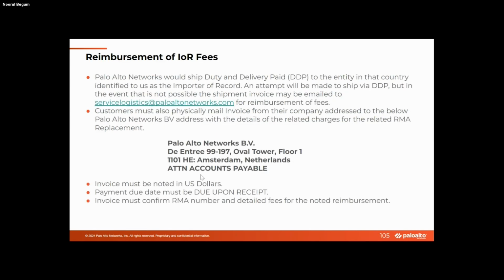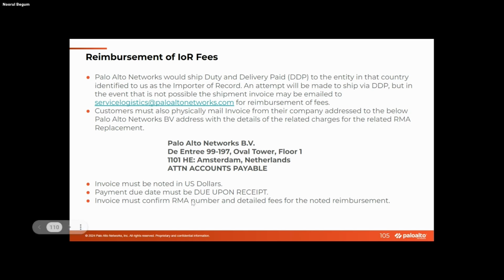So of course we will reimburse the importer of record. Palo Alto Networks would ship duty and delivery paid to the entity in that country, identified to us as the importer of record. An attempt will be made to ship via DTP, but in the event that is not possible, the invoice will be emailed to service logistics at paloaltonetworks.com for reimbursement of fees.